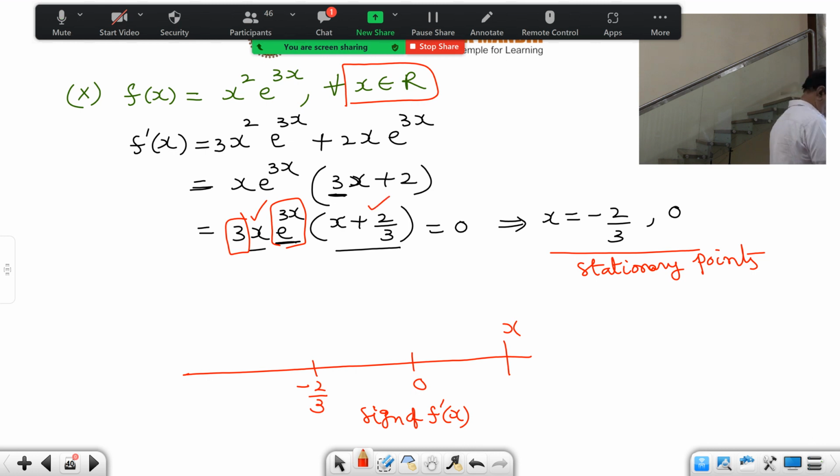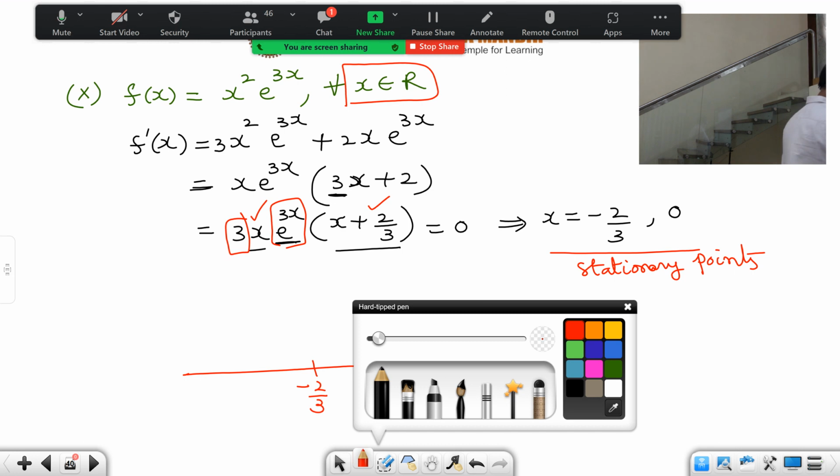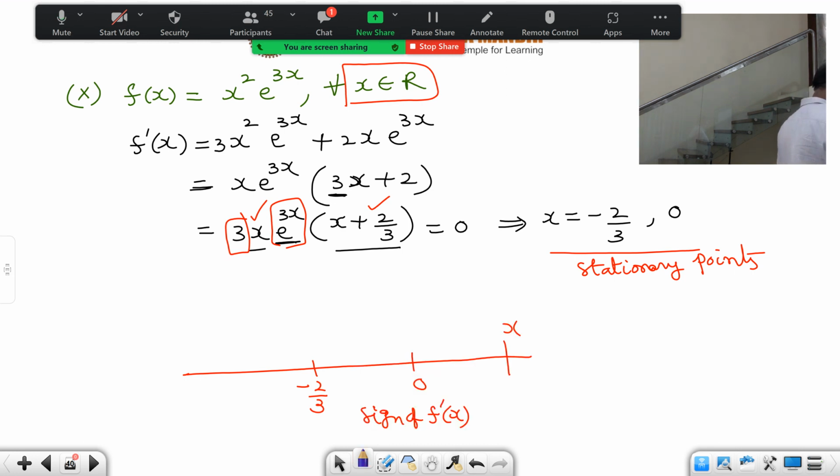So positive into positive, positive. Then here there are no repeated factors. x alone, not x square or x cube. x plus 2 by 3 also no repeated factor. So alternately you can put the signs. After plus, minus sign, then plus sign.